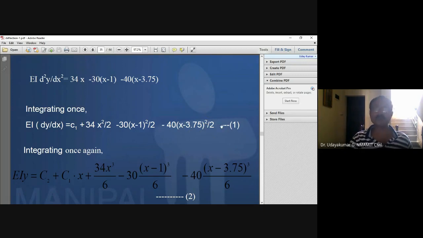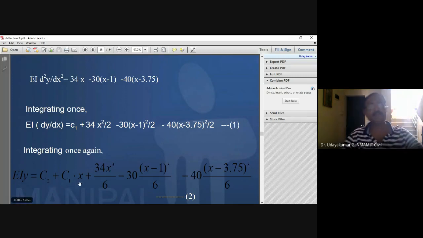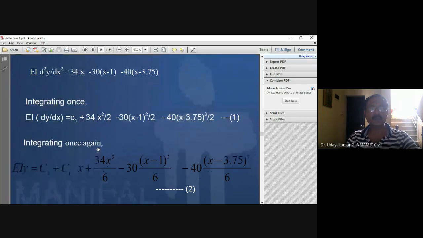Instead of writing C1 at the end, it is written in the beginning, to consider the portions without neglecting them. So let us see the problem.